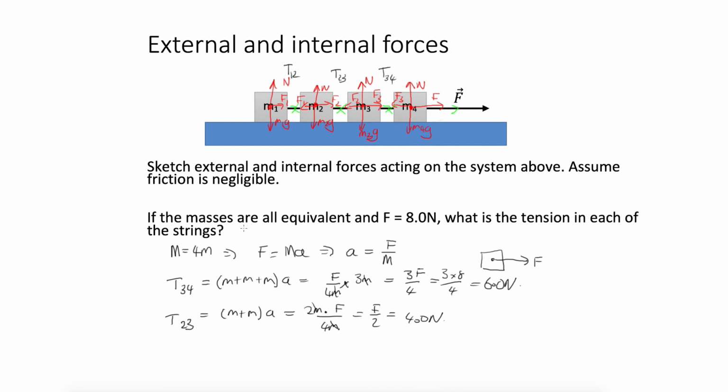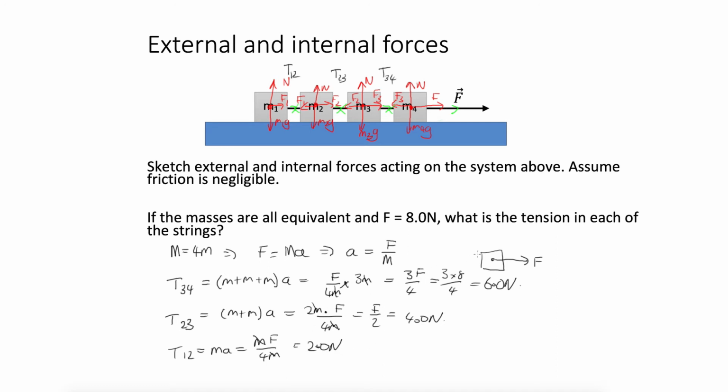And finally, T12 is only responsible for pulling forwards this final mass. So this is equal to ma, which is equal to m times F over 4m, which is F over 4, which is equal to 2 newtons.